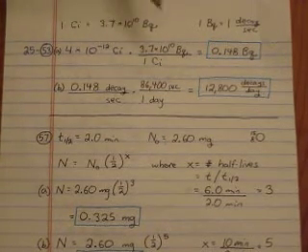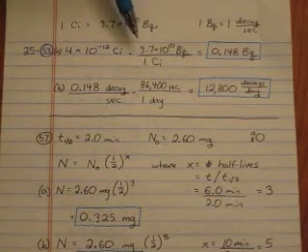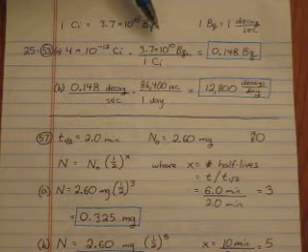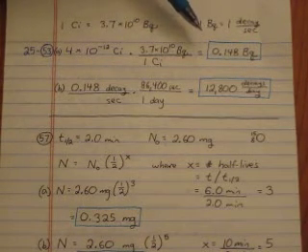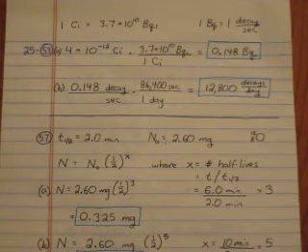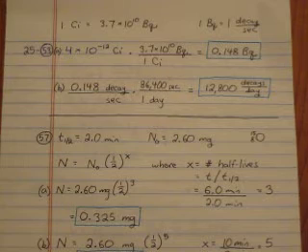We want to get that in becquerels, so there's the conversion multiplied by 3.7 times 10 to the 10th becquerels per curie, and you should get 0.148 becquerels. Now keep in mind, since a becquerel is a decay per second, that means 0.148 decays per second.